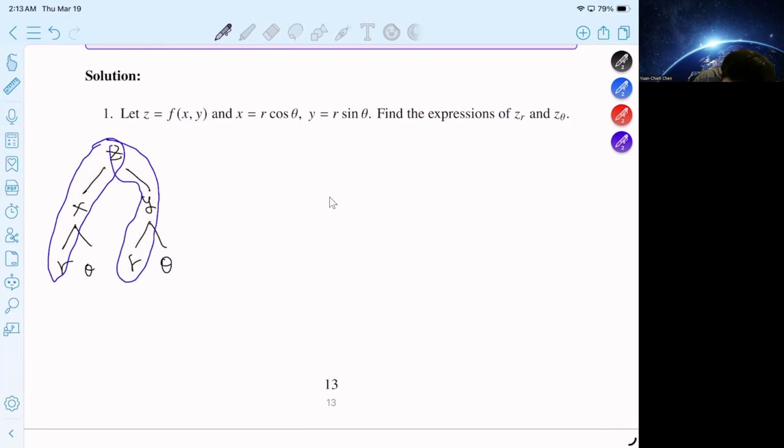So we can happily write z_r will just be partial z partial x times partial x partial r, plus the second path, partial z partial y times partial y partial r. That's it. You do the exact same thing.